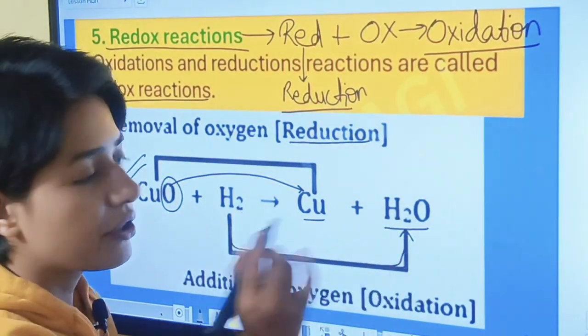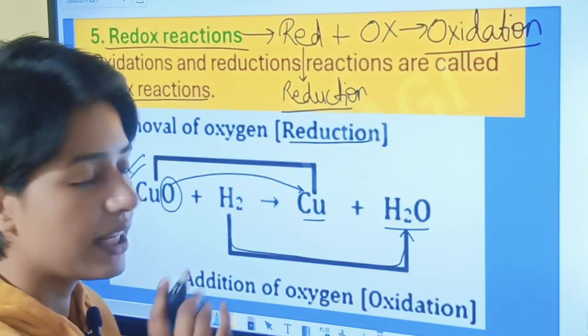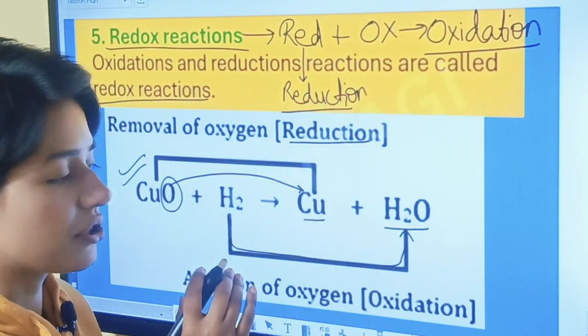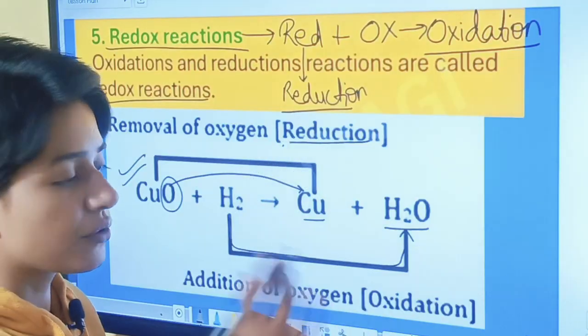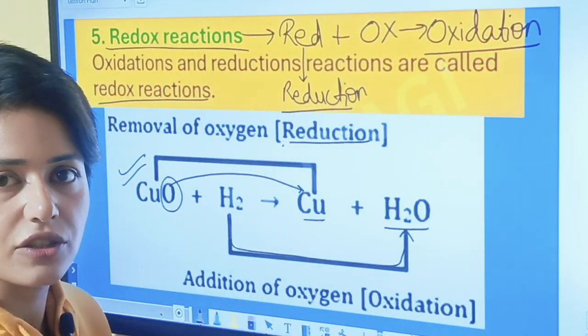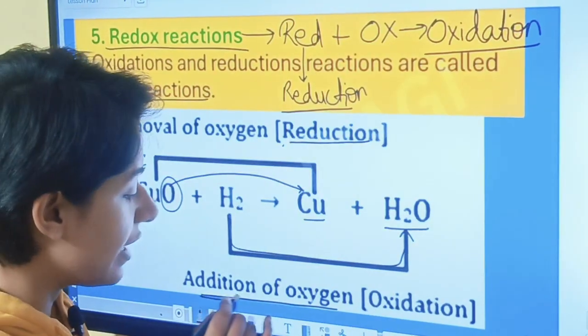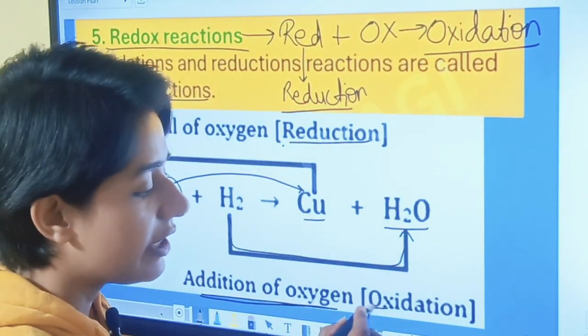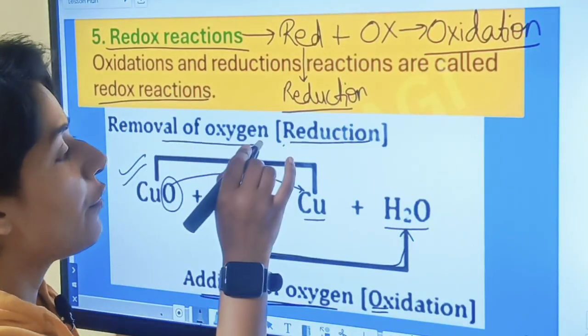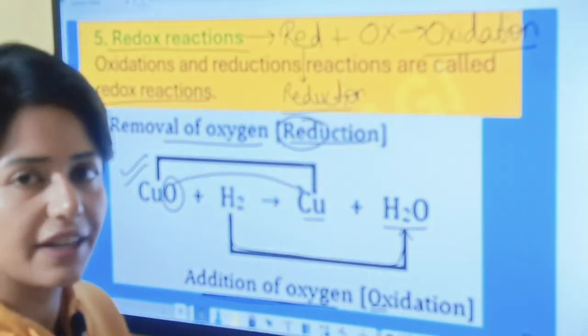So when the addition of oxygen takes place, it is known as oxidation. So we can say it is a simple redox reaction because reduction plus oxidation, both processes, take place simultaneously in this reaction. In simple terms, when addition of oxygen takes place, it is known as oxidation, and when addition of hydrogen or removal of oxygen takes place, it is known as reduction.